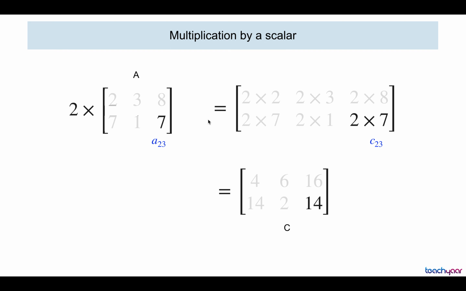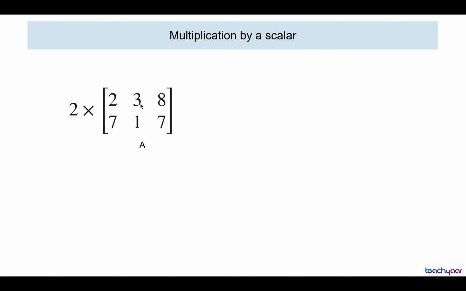And you have the third term, C23, so you take A23, which is 7, you multiply that by the scalar 2, 2 into 7 is C23, which is 14. So we've started with this matrix A, we multiplied it with the scalar 2, and we've got the matrix C. 2 into 2 is 4, 2 into 3 is 6, 2 into 7 is 14, and so on. Hopefully that's very, very clear now.